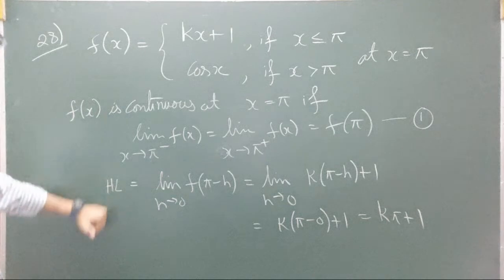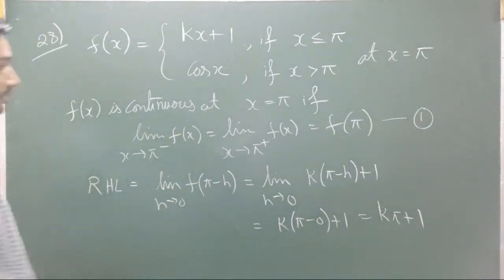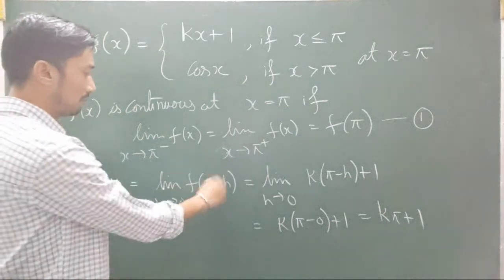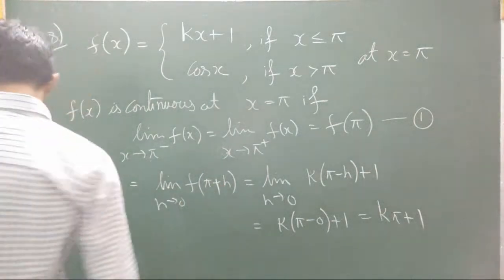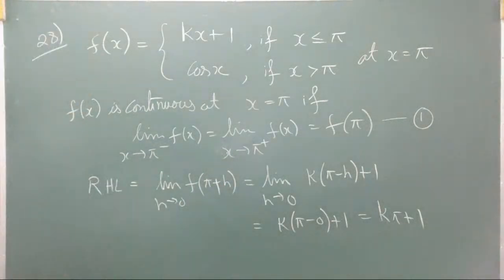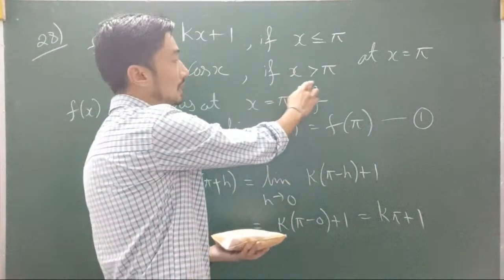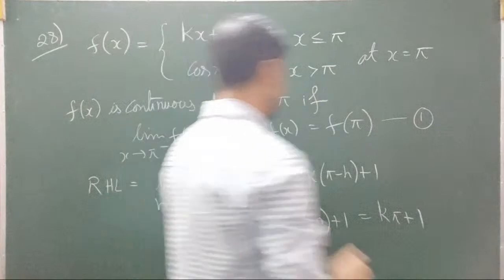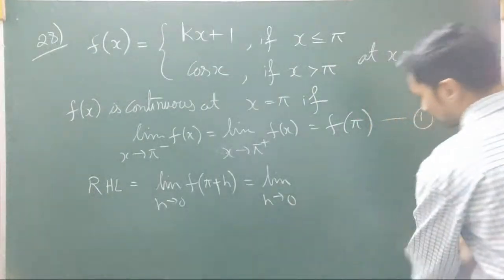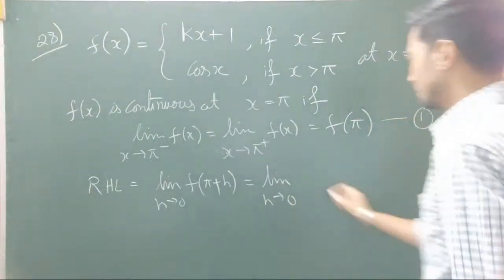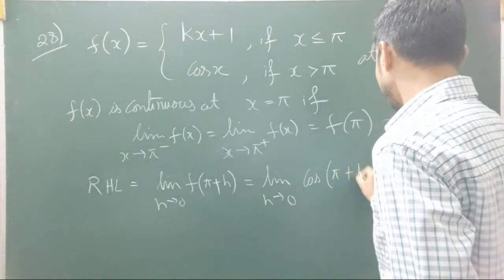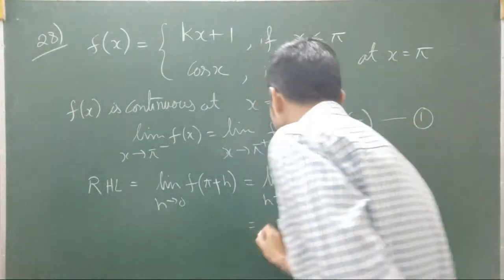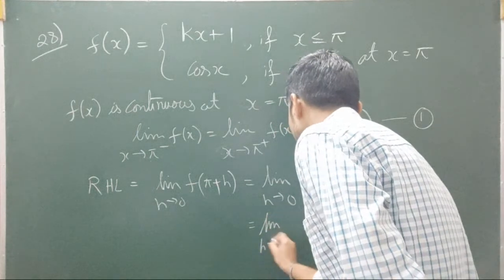So here itself I'll write down the right hand limit, for this one, so pi plus h. But of course the function will change. Pi plus h represents a value that is slightly greater than pi. So it's cos x, so that will be the limit as h tends to 0 of cos(pi plus h).